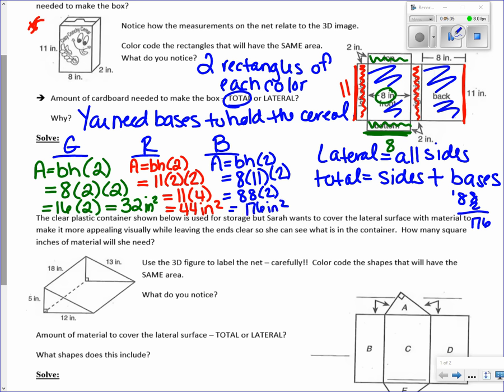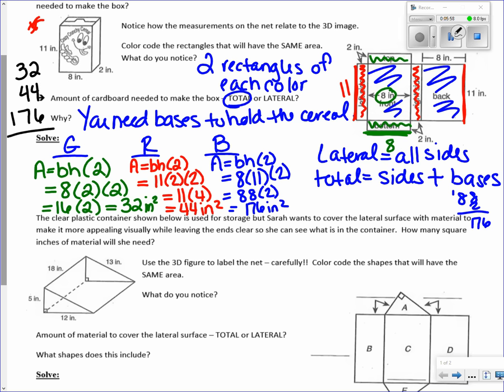Now, those numbers individually do not help me. So to find the total area, remember I said all the sides plus the bases. So I'm going to add all 3 of these numbers up. I'm going to do it over here on the side. So I have 32, I have my 44, and I have my 176.